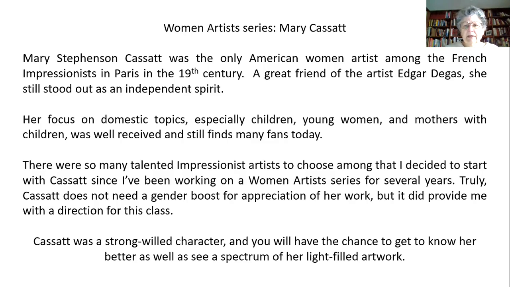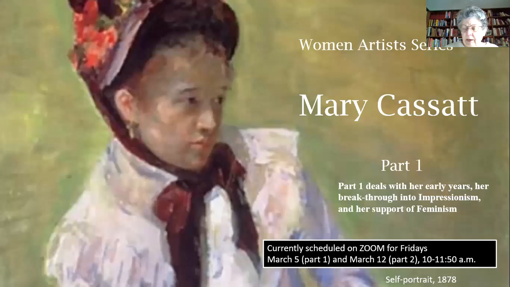But in part one, which is scheduled for the 5th of March in the morning, we will go through her early years, her breakthrough into Impressionism, and her support of feminism.